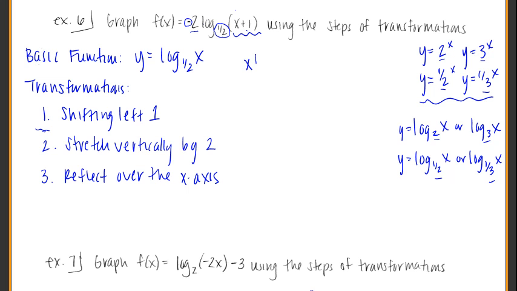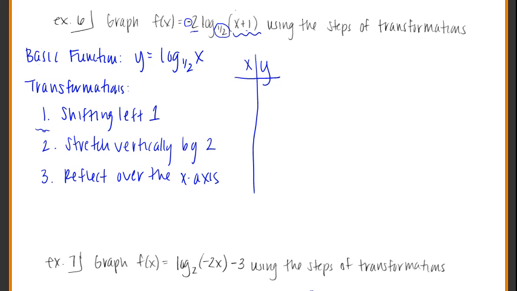Let's start out with our basic function and the t-chart. If there's anything I could really tell you out of today's lesson, it's this: anytime you want to graph a log, take your basic function out of logarithmic form and put it into exponential form.